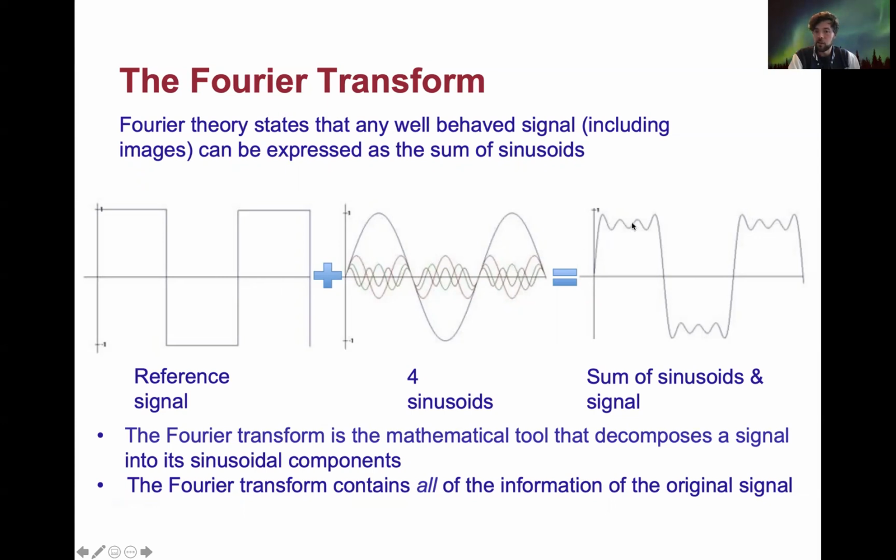And you can see you don't quite perfectly reconstruct it. But the idea behind the Fourier transform is if I give you an infinite amount of sinusoids, I can perfectly reconstruct this reference signal. And so it's a mathematical tool that decomposes a signal into its sinusoidal components.